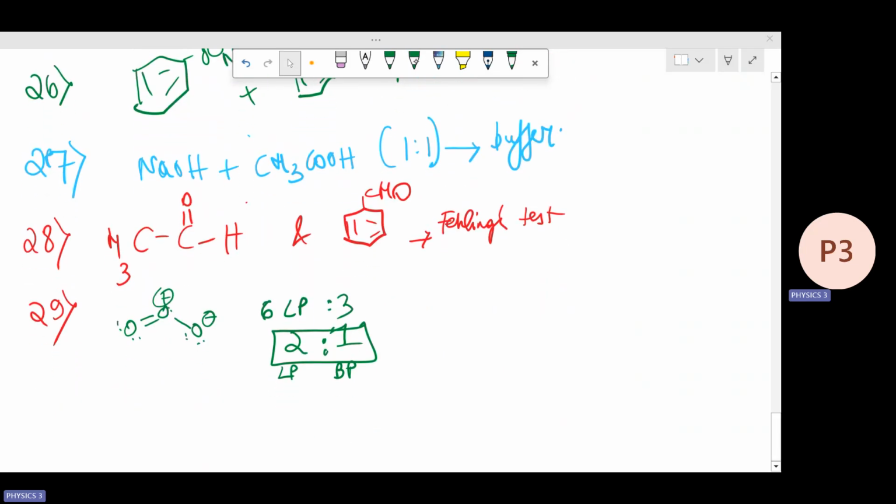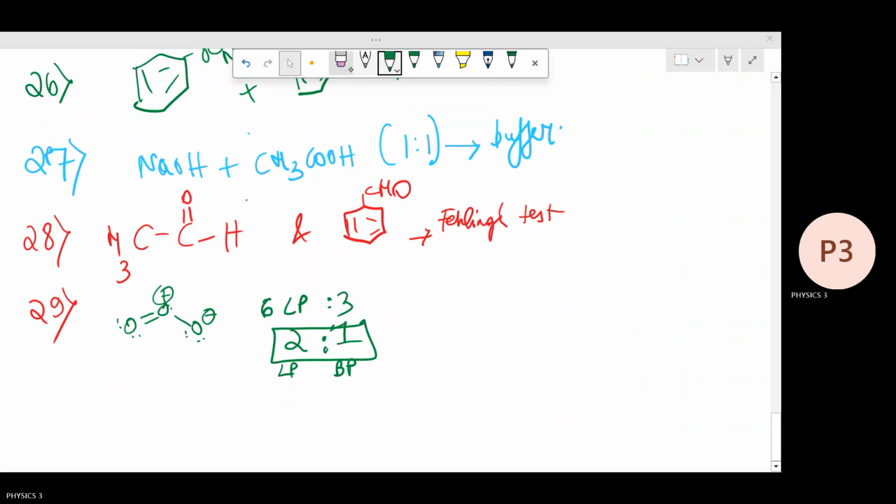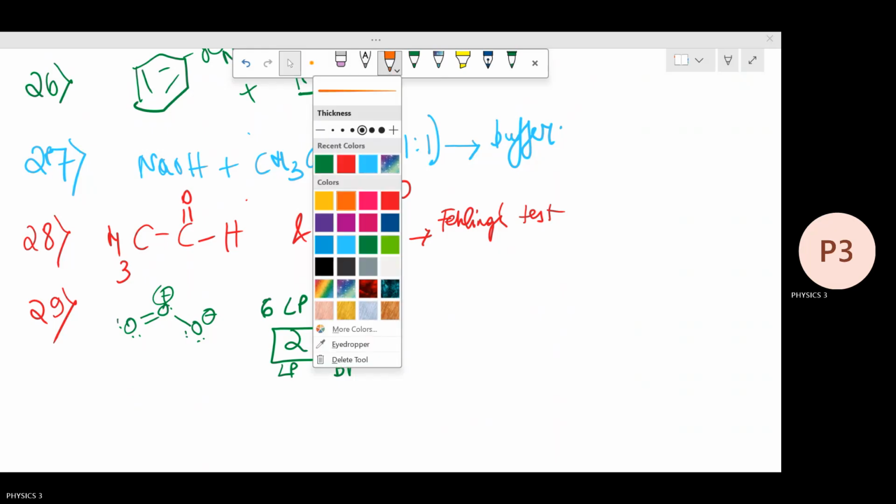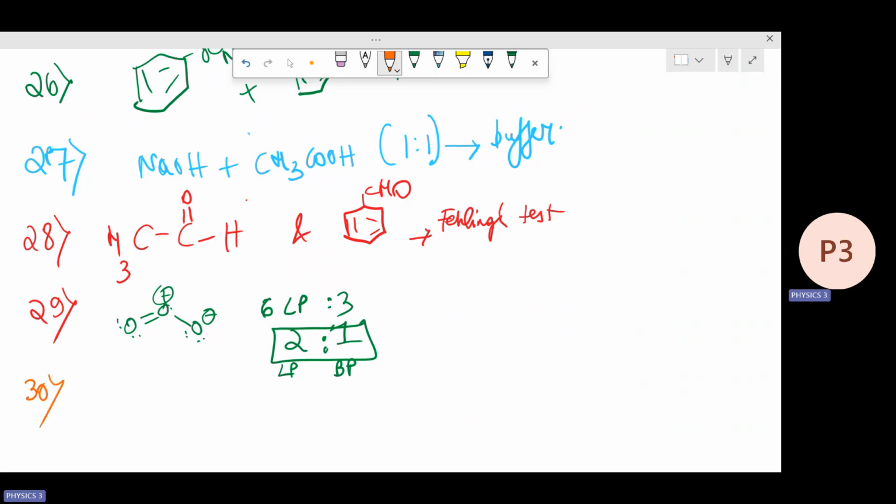Question number 30. When we talk about question number 30, we find that they're asking us about a reaction where delta U and delta S are given and delta G is being asked.